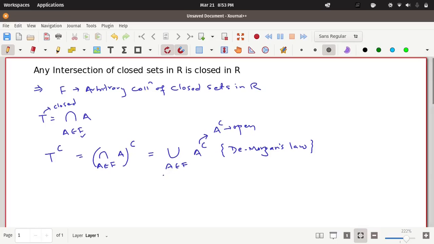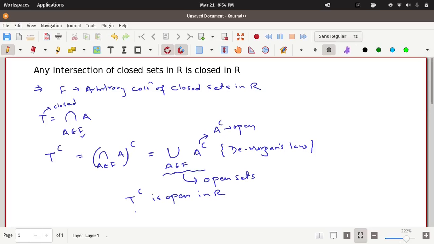So this is an arbitrary union of open sets, and we have already proved the theorem that the arbitrary union of open sets in R is open in R. So this whole union is also an open set, and finally this proves that T complement is open in R.